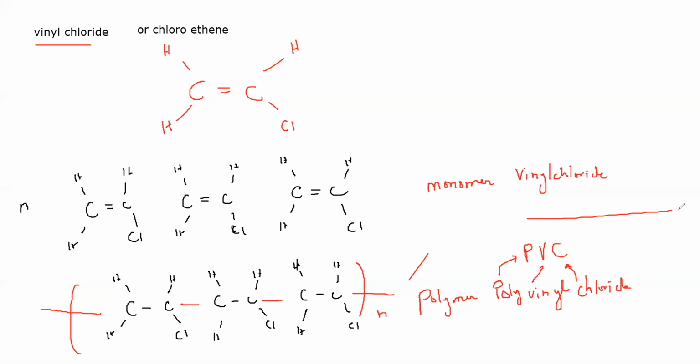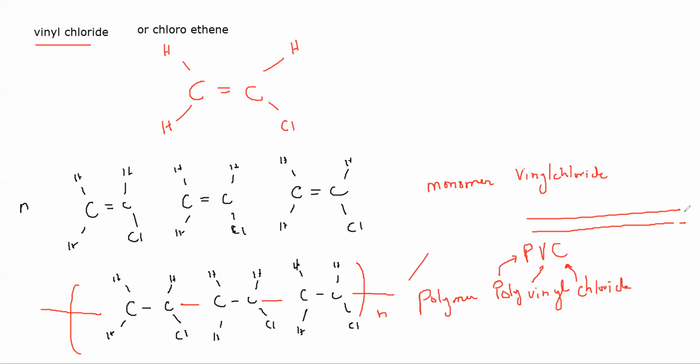The pipes which are used for drainage, for water pipes. Vinyl chloride is the same as chloroethene. You can say chloroethene or you can say polychloroethene. Vinyl chloride is a common name. So polyvinyl chloride or PVC pipes, maybe you have heard of this name, that PVC pipes are used.